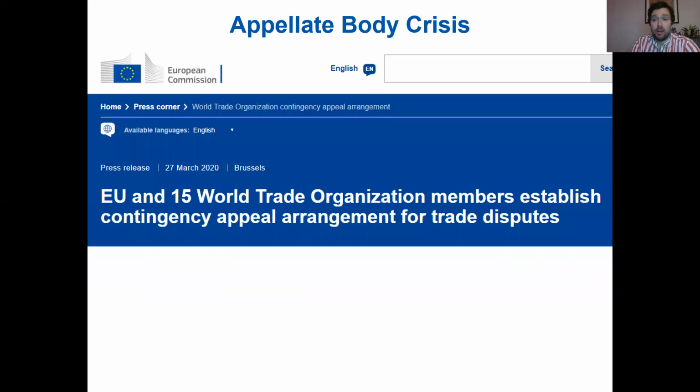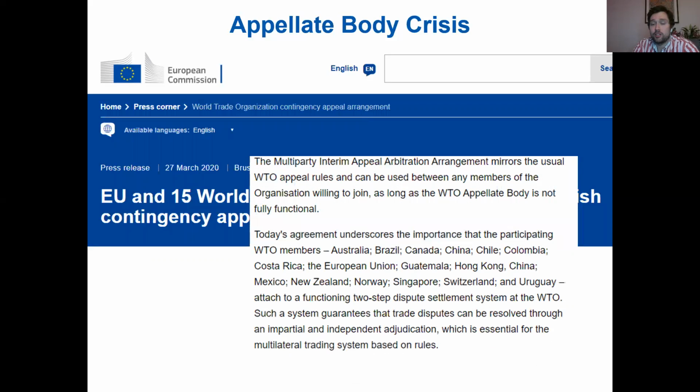In order to somehow resolve this matter, the EU and 15 other WTO members established an appeal arrangement, which is a temporary appeal arrangement for trade disputes. So it is called the Multi-Party Interim Appeal Arbitration Agreement. It is available on internet. You can see the details.